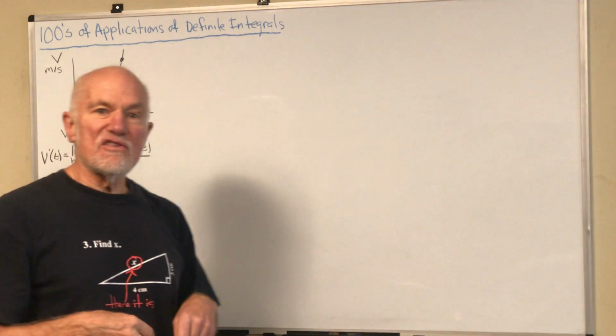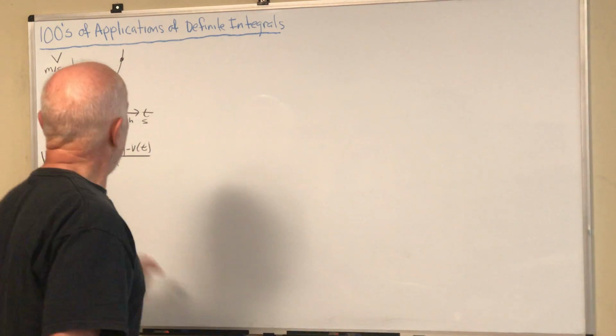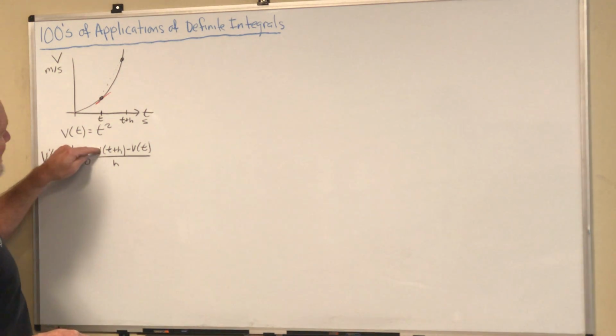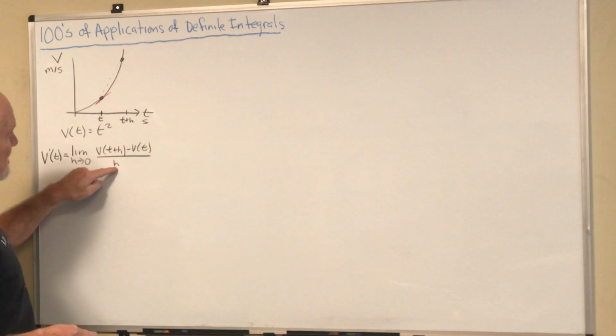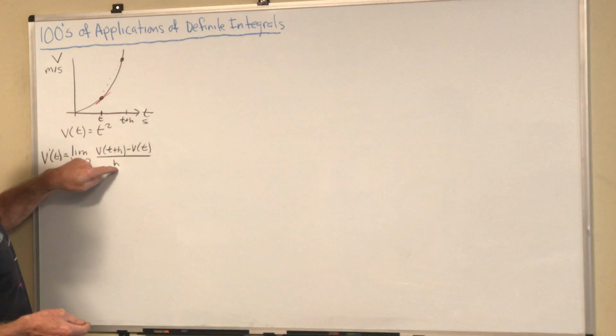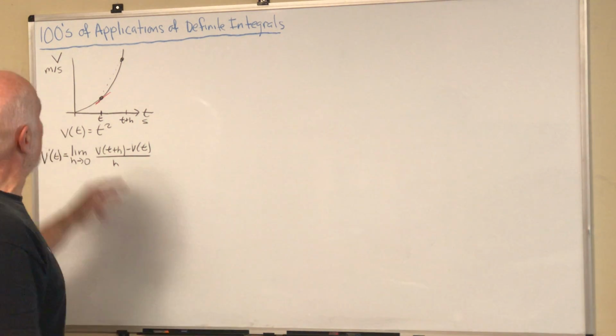Well, the question is, are slopes important? If you look back to see what the slope is finding, it's finding a change in the dependent variable with respect to the change in the independent variable. So the units give things away whether they're of value or not.